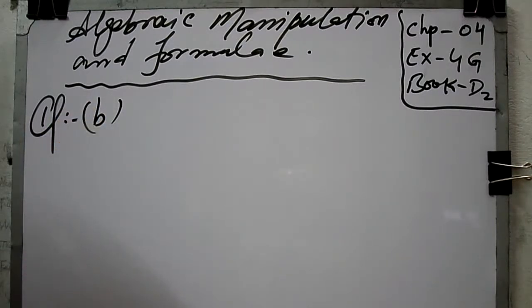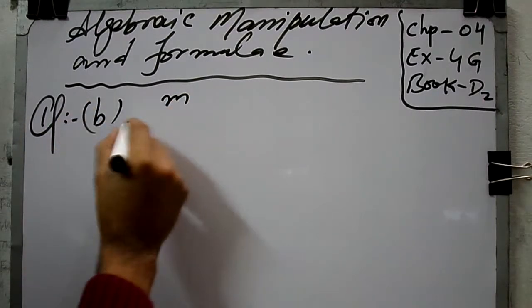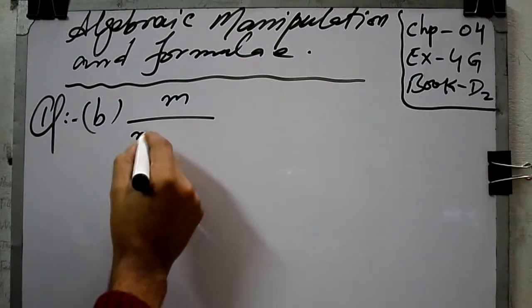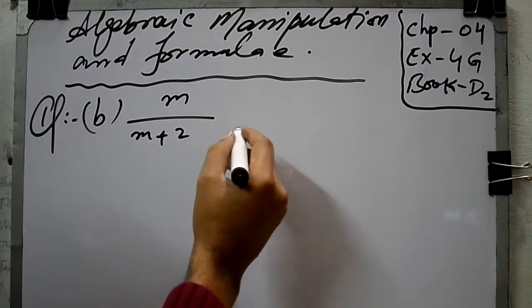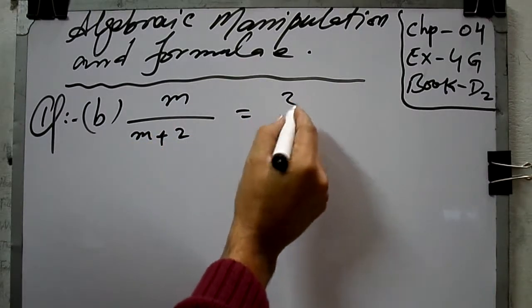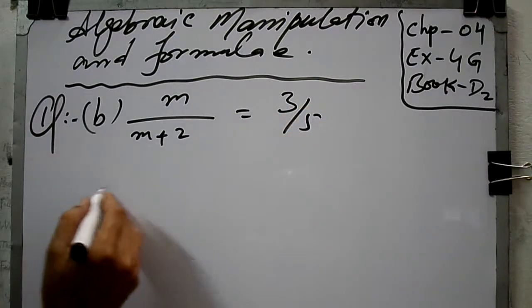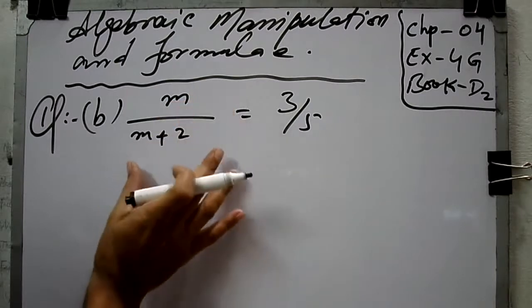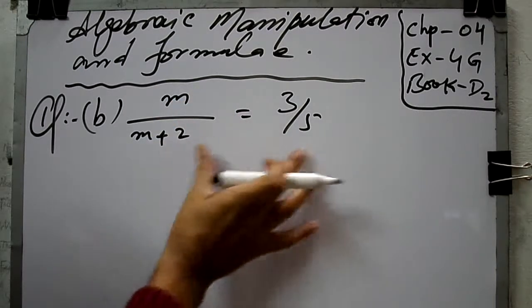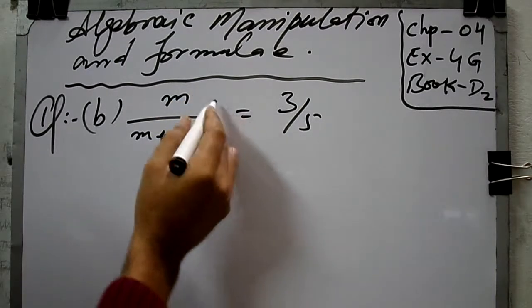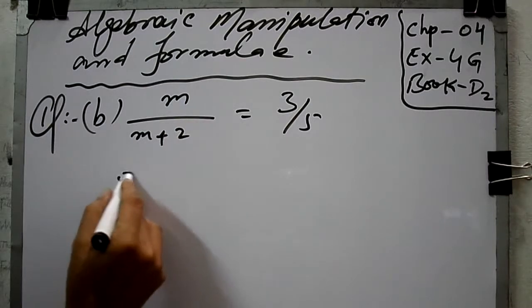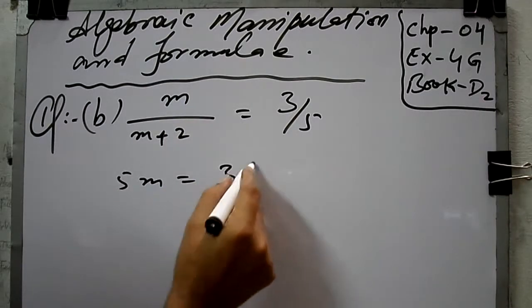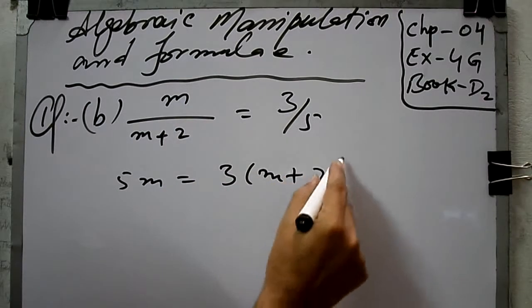question number B. m divided by m plus 2 is equal to 3 by 5. So once again here you can see that variable terms only exist at the left hand side, so by using cross multiplication you will get 5m is equal to 3 into m plus 2.